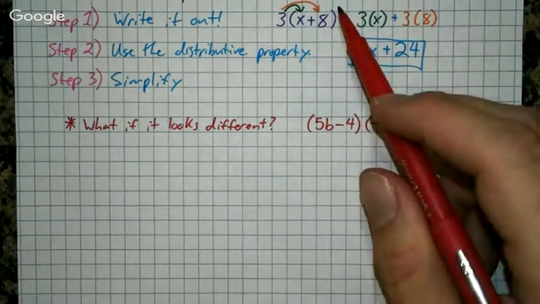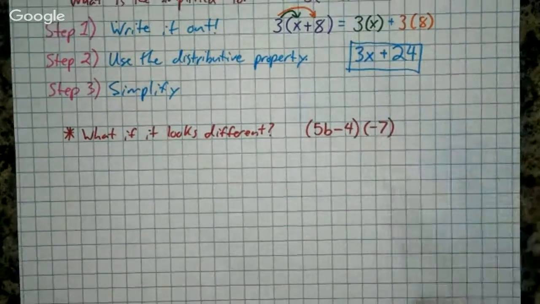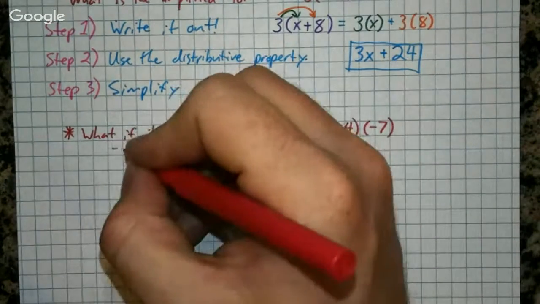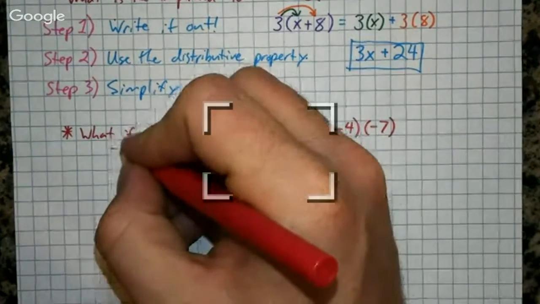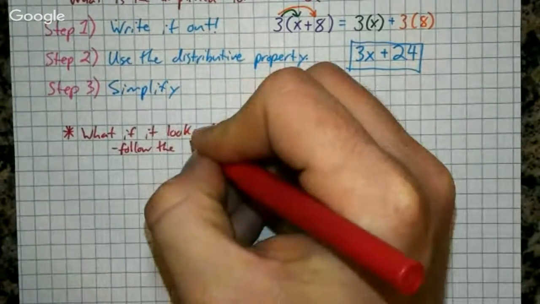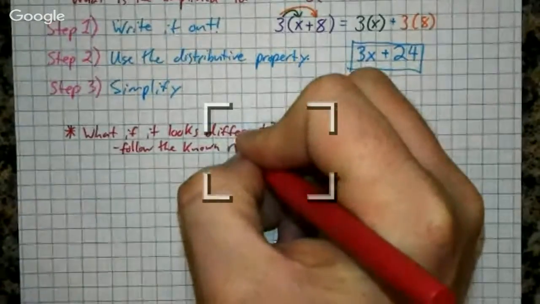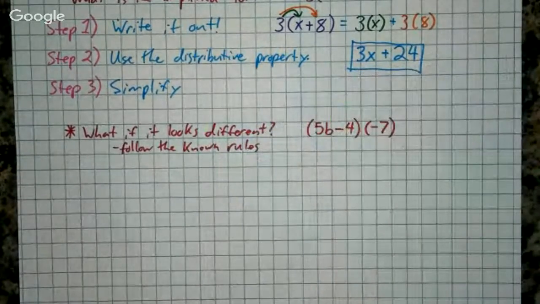This looks significantly different from this, right? And if it doesn't look the same, the rule is to follow the known rules. You know how numbers react with one another. Just make sure you're following those reactions the same way.